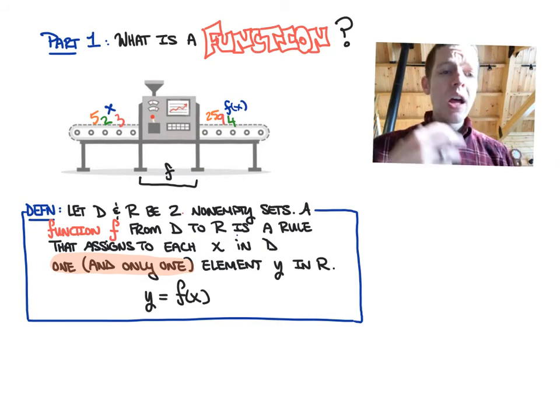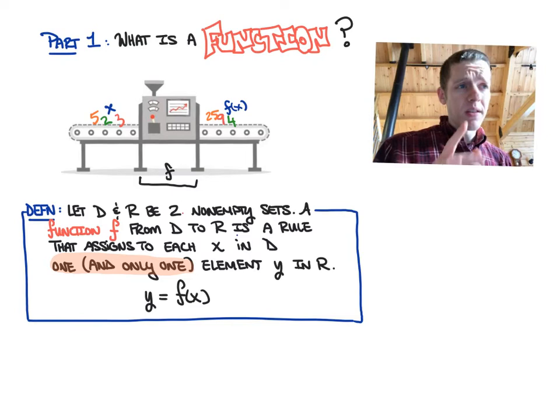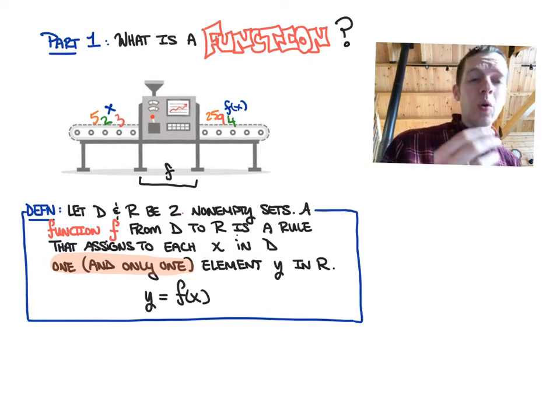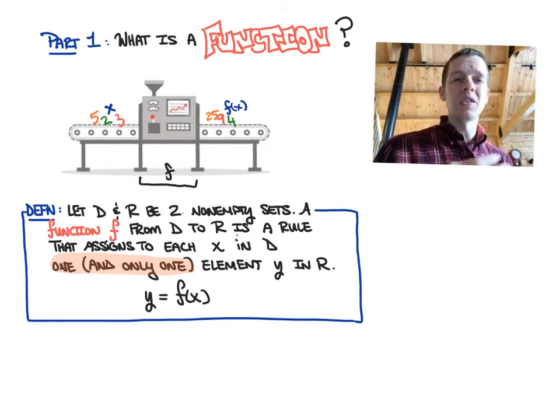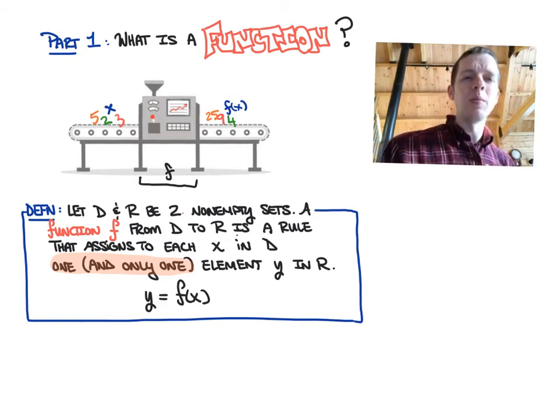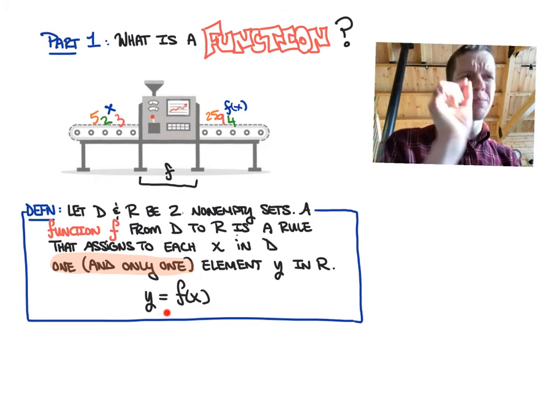All right. Now there's some more terminology that we're going to need to be familiar with. The x, the input, is called your independent variable, and I'm going to write these on the screen in a second. It's independent because that's the thing that starts it all. It's not dependent on anything. We're going to just put that variable in. The y is called the dependent variable, and the notation we use is that y is equal to f of x.